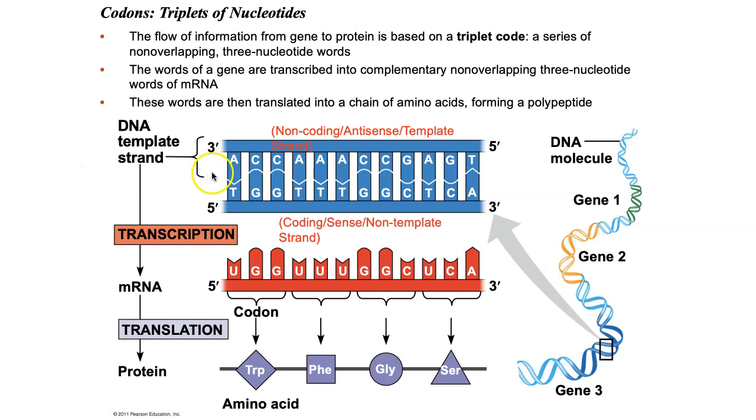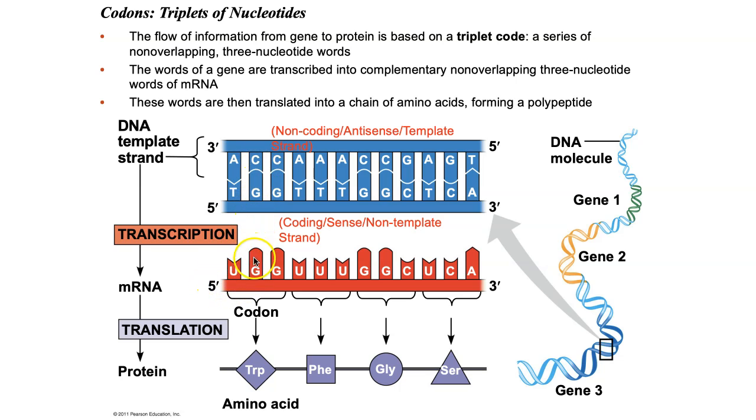So the DNA template strand is used to create this mRNA strand. Notice that the mRNA strand that's created is complementary base paired to the template strand, with the exception that DNA has A, C, T, and G, whereas in RNA the nucleotides are A, C, U, and G. So DNA has T and RNA has U. So here, the A is going to be complementary base paired to a U to make mRNA.